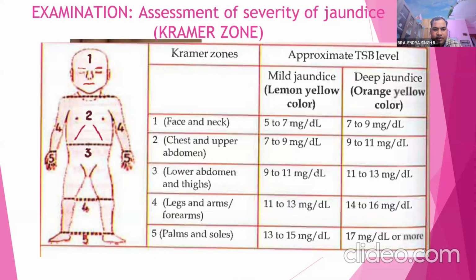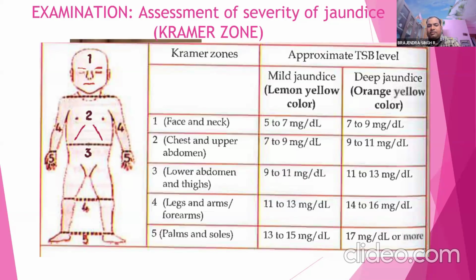So in the triage area we receive the baby, take the history, and clinically examine the Kramer area. In this table, if the baby shows yellowness after pinching the skin at the thigh, leg, arm and forearm, it means mild jaundice: lemon yellow showing 11 to 13, and deep jaundice showing 14 to 16.